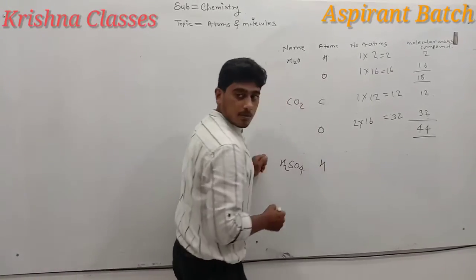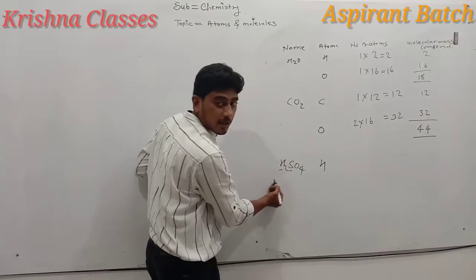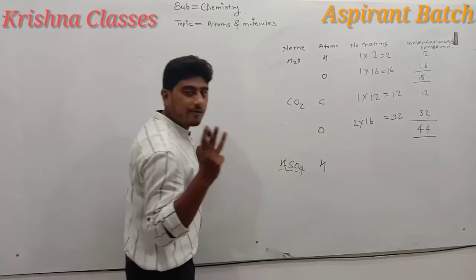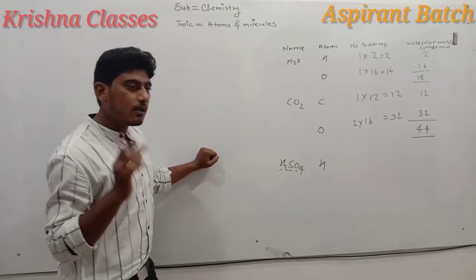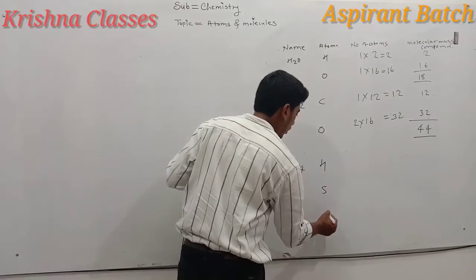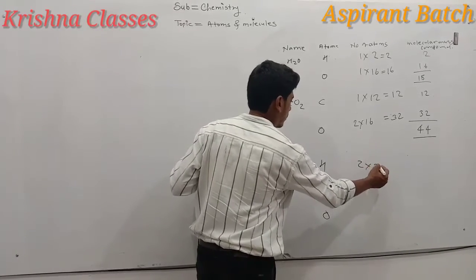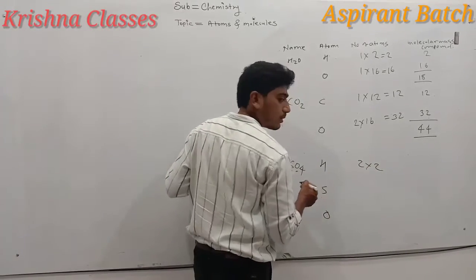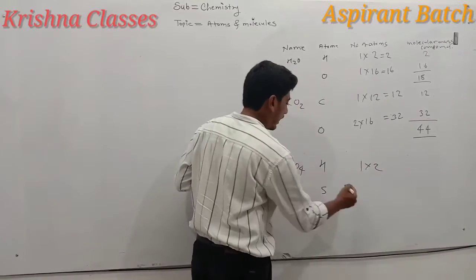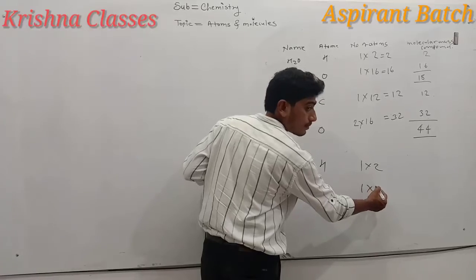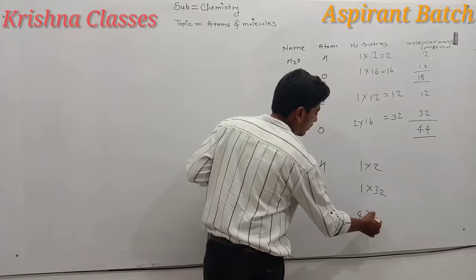Here, first start with hydrogen. Then the different atoms are sulfur and oxygen. There are 3 different types of atoms: hydrogen, sulfur, and oxygen. We know that the number of hydrogen is 2, so 1 into 2 here. Sulfur 1 into 32, oxygen 4 into 16.